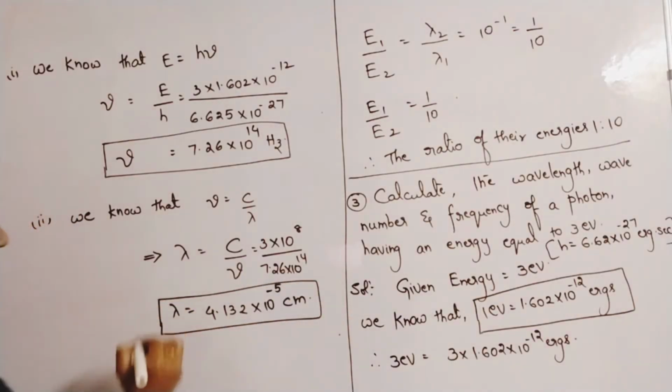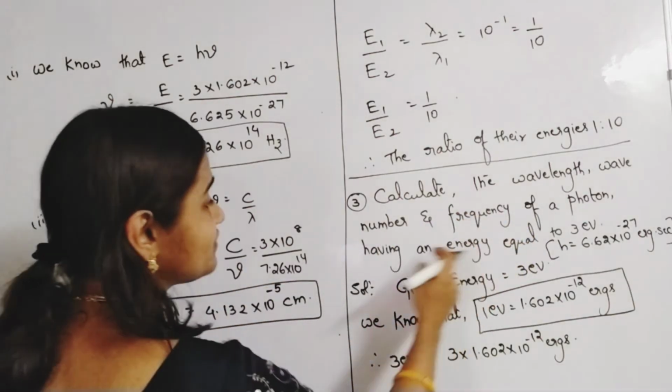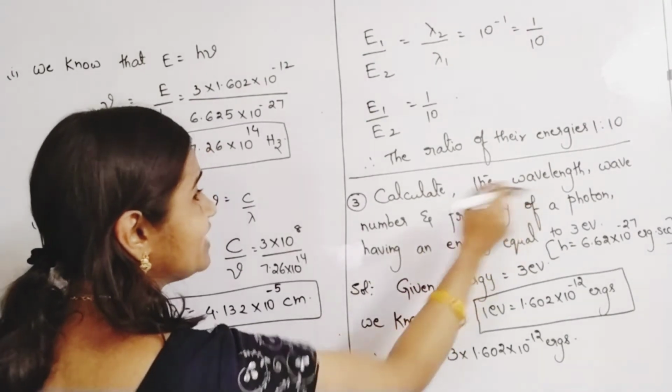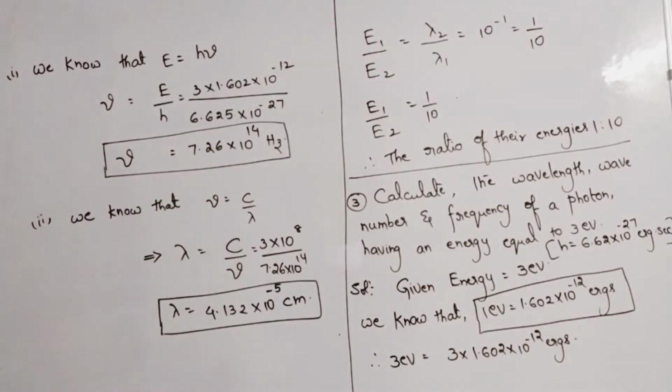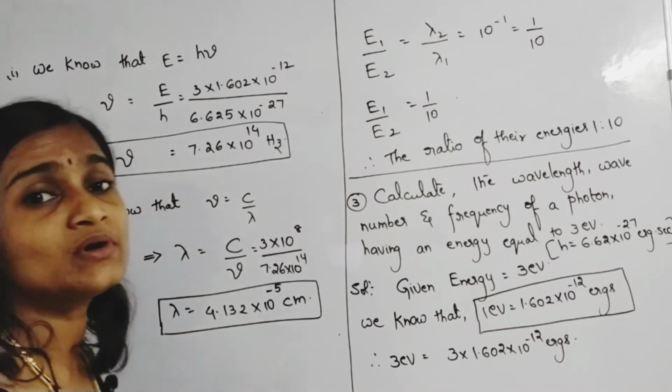Next, finally what we have to find? We have to find wave number. Wave number is nothing but the reciprocal of wavelength.